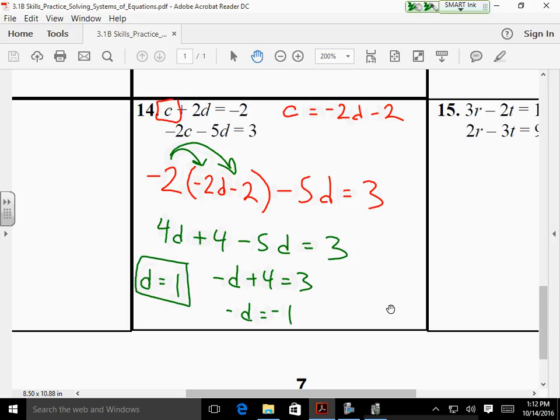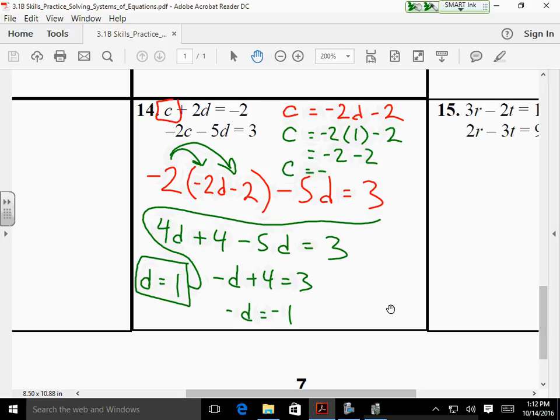Now I can take that and go right back up, put that 1 right there in the place of D, and then I can find C real easy. C is equal to -2 times 1 minus 2, which is -2 minus 2, or -4.